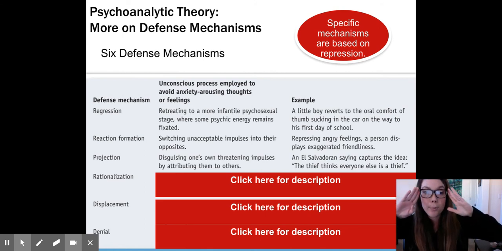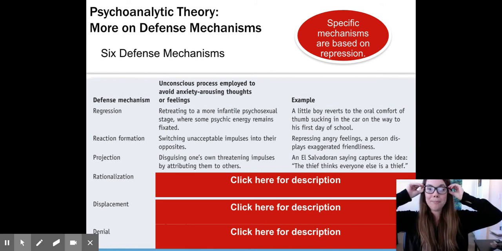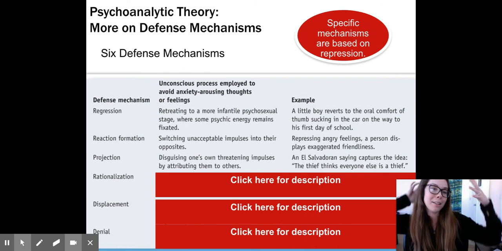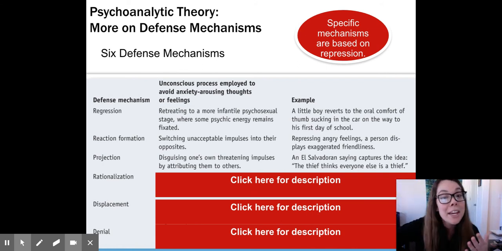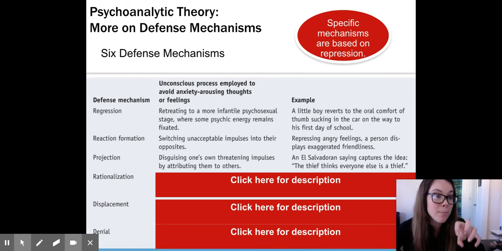So for example, let's see, let me try to think. Say Sally has the impulse to steal from grocery stores, right? She's pocketing food, right? What her defense mechanism would do is essentially attribute the same things to other people.